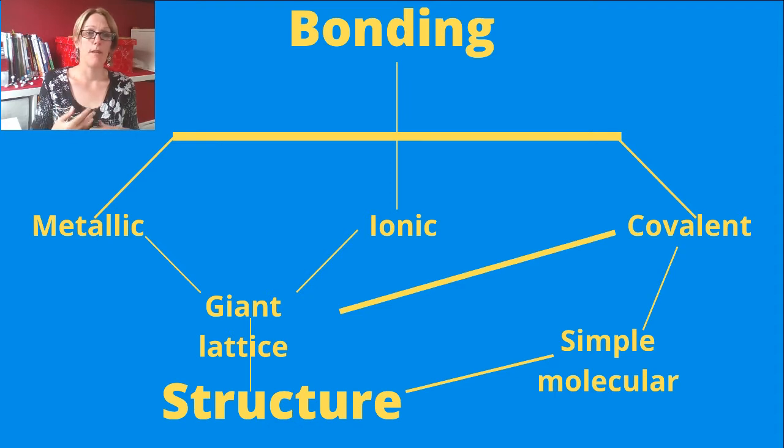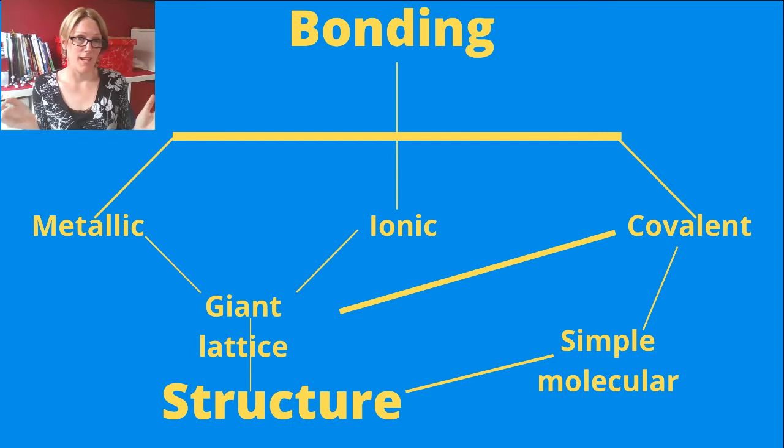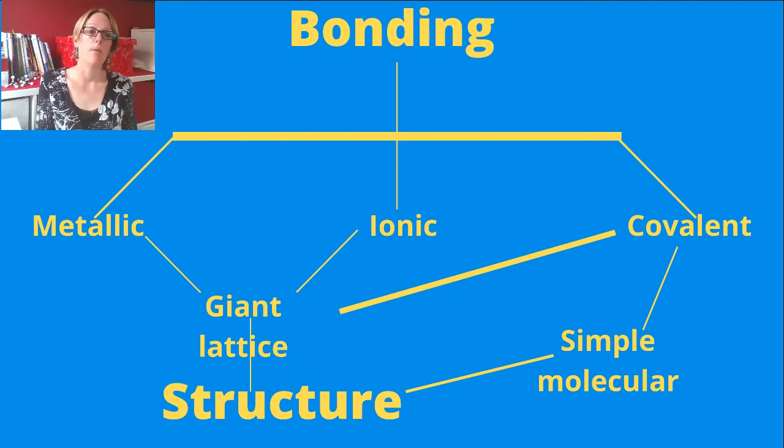And that's just to do with whether that element has a tendency to hold on to its electrons, which non-metals do, or whether that element has a tendency to let go of its electrons and have some other element take them, which metals do. And that's just to do with their position in the periodic table and the relative distance away that their electrons are compared to the charge inside the nucleus.